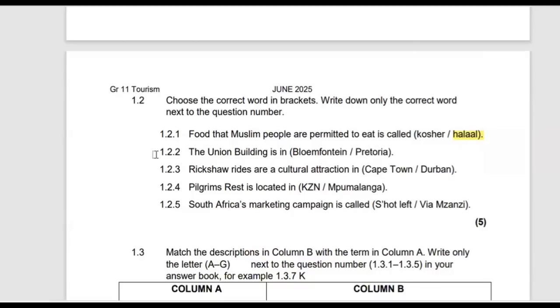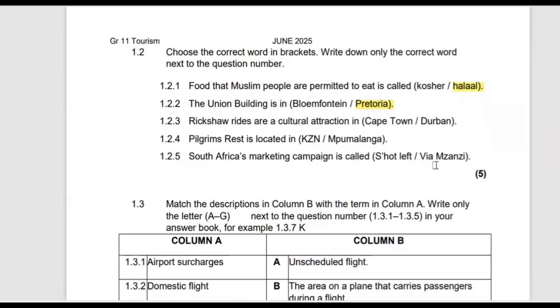Then moving on to 1.2.2, the Union Buildings are in which city? So the Union Buildings are actually located in the capital city, which is known as Pretoria. So in this case, Pretoria would be our correct answer. Rickshaw rides are a cultural attraction in Durban.